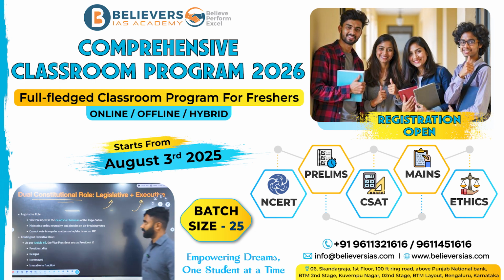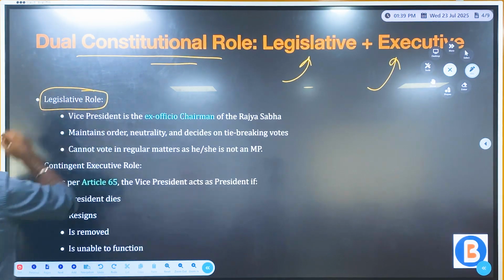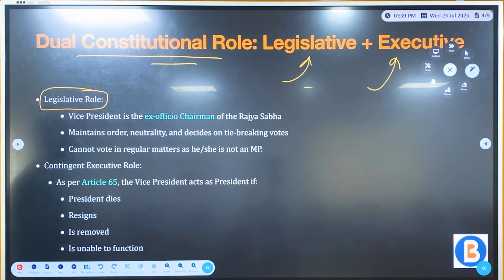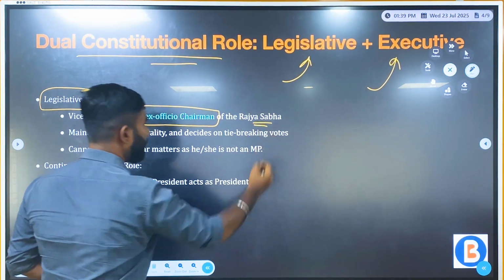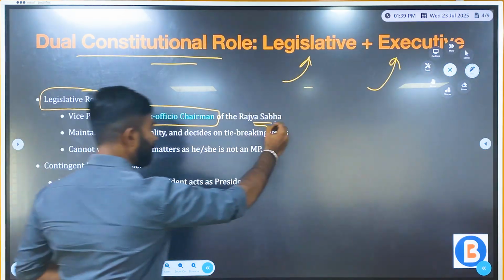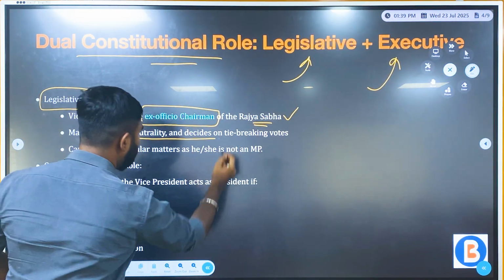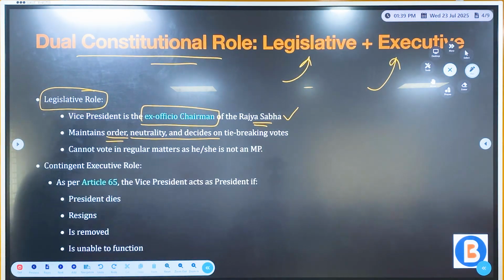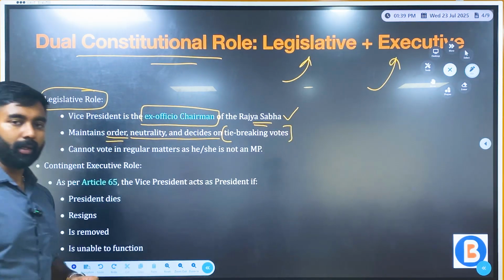Talking about the legislative role, the Vice President is the ex-officio chairman of the Rajya Sabha, meaning he is the presiding officer who maintains the order, neutrality and decorum of the upper house, and he also acts as a tiebreaker.